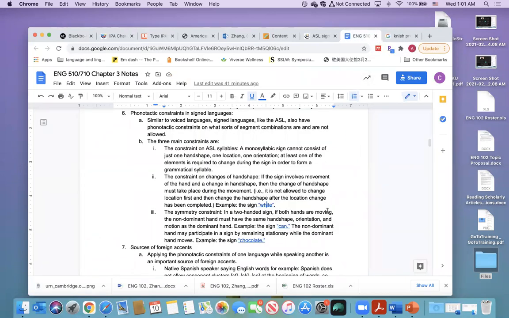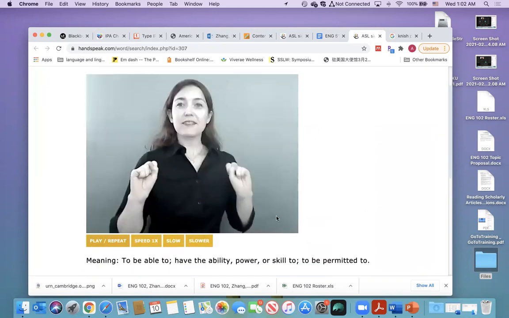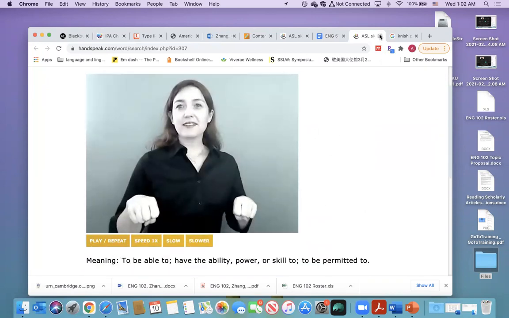Okay, and the third constraint is the symmetry constraint. That is, in a two-handed sign, if both hands are moving, then the non-dominant hand must have the same hand shape, orientation, and motion as the dominant hand, such as in the sign for sun.